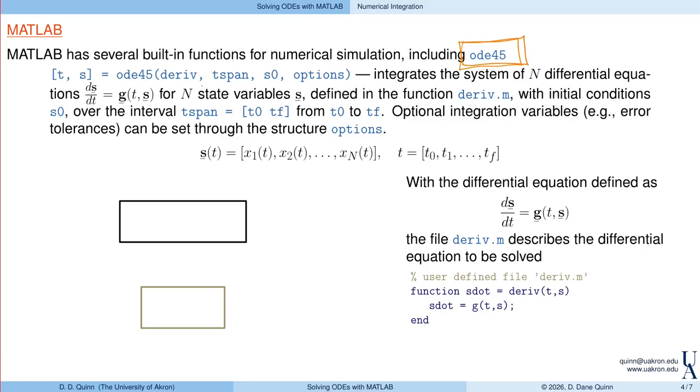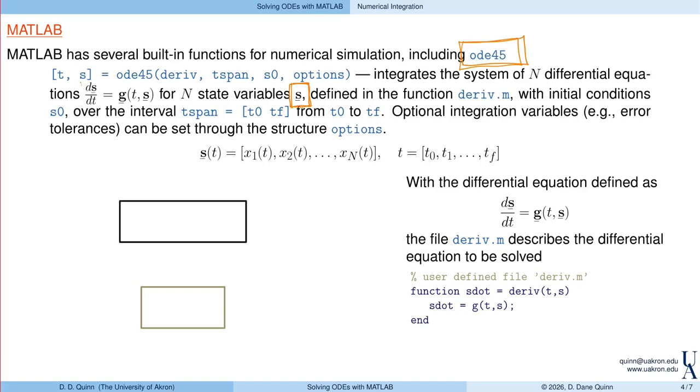So essentially, ODE45 integrates a system of n differential equations. In the previous example, we just had one equation, for example one coordinate, but we can actually integrate a whole system of first-order equations using MATLAB. In particular, we can integrate n of these for n state variables. So S is going to represent all of the different coordinates in the system that we might need.